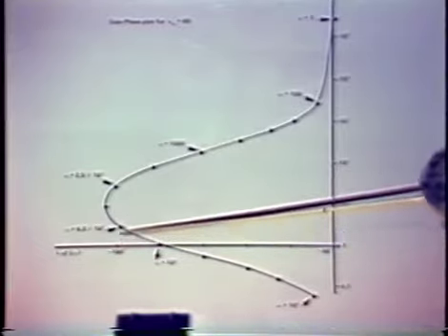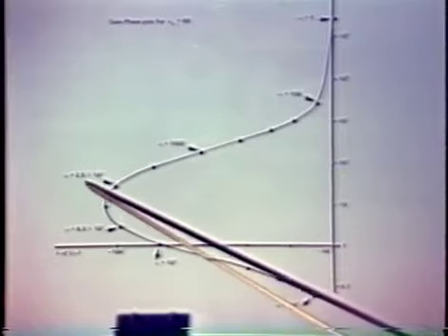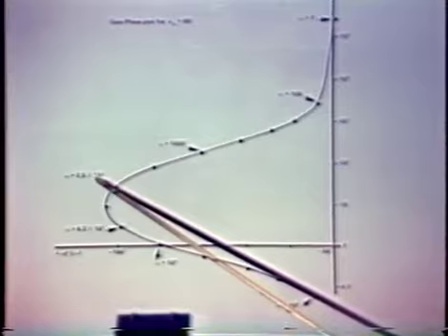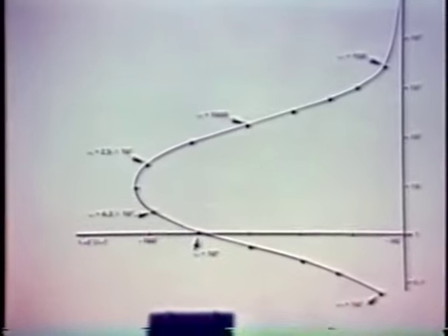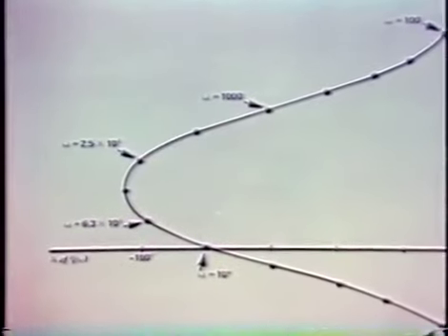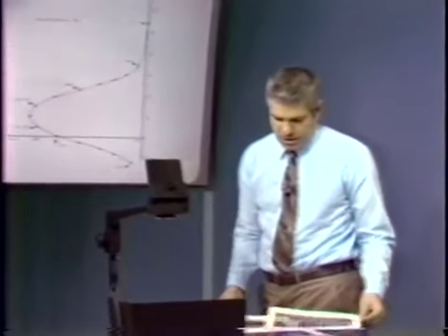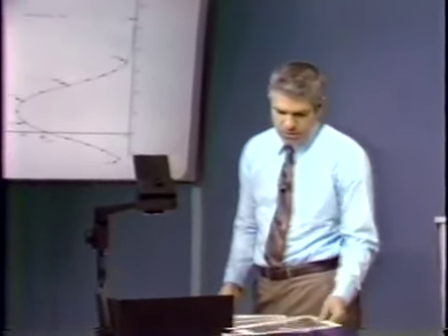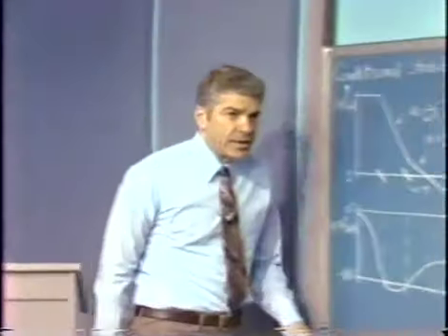The angle is more negative than minus 180 degrees for frequencies between 2.5 times 10 to the 3rd radians per second and 6.3 times 10 to the 3rd radians per second. Those are the values that we determined earlier by Routh analysis, the 390 hertz and the 950 hertz. Now let's look at how the system actually behaves.